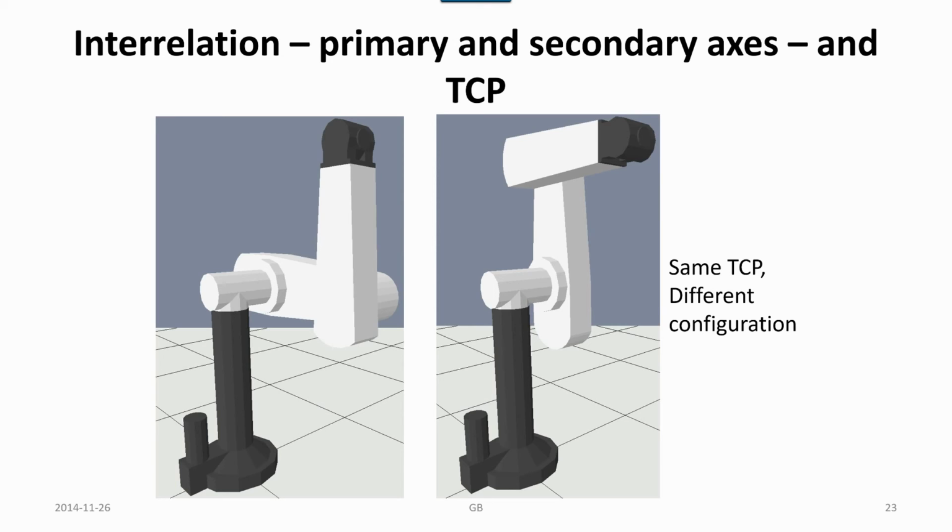But we have an interrelation between different axes of the robot, like the primary and secondary axis and tool center point, meaning that to reach a specific area here, the robot might come to the same tool center point but use different configurations.